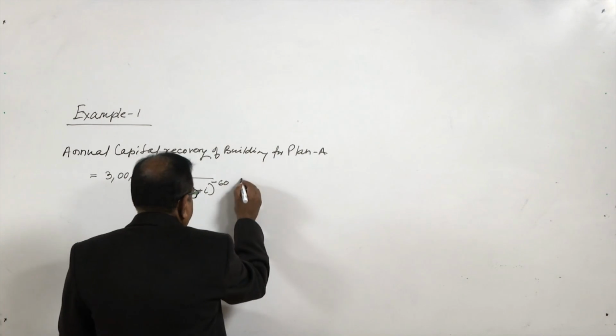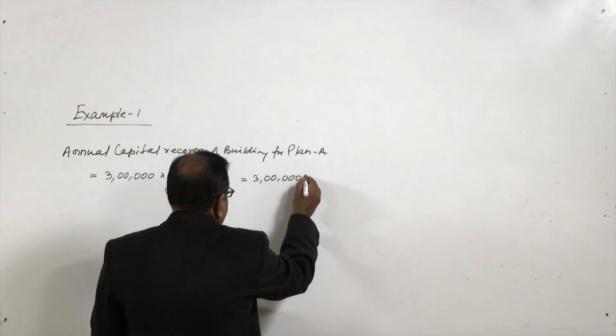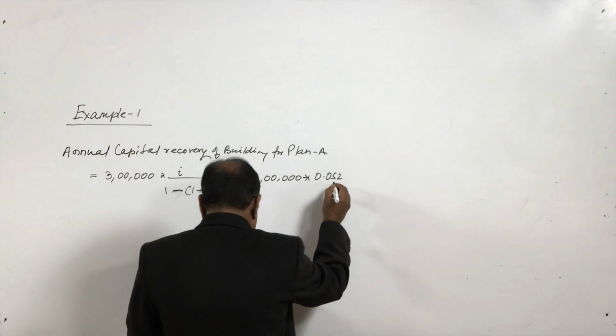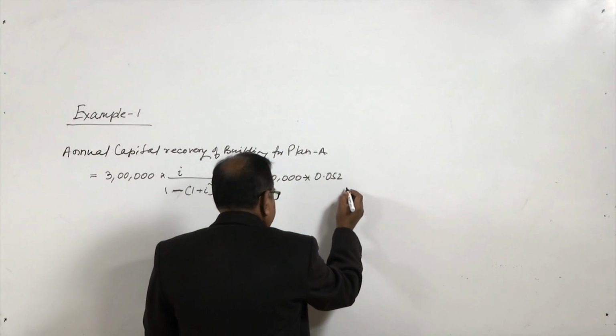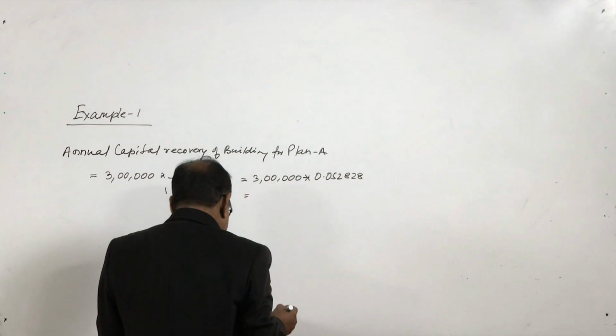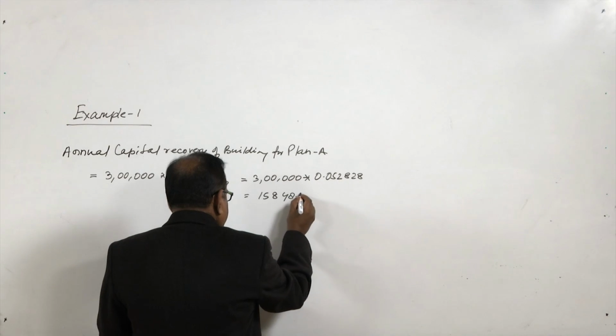This comes out to be 3 lakh into 0.052828, which comes out to be rupees 15848.45.